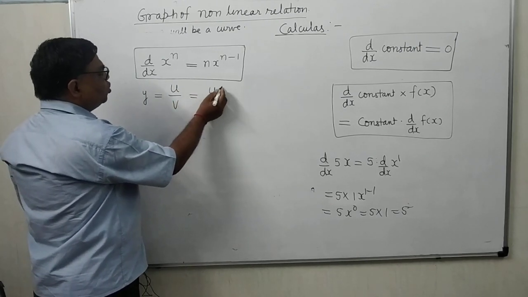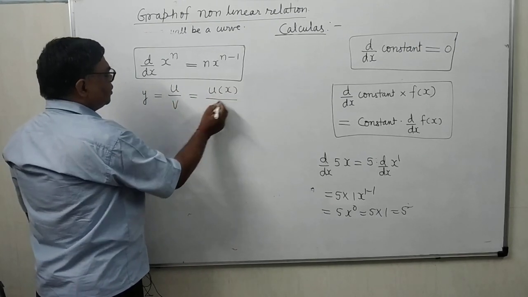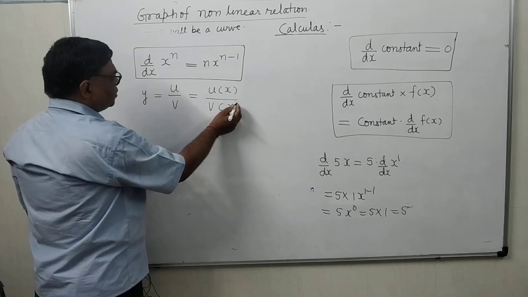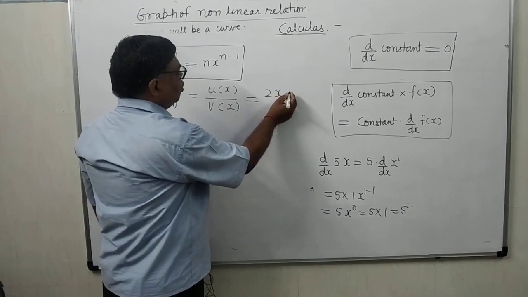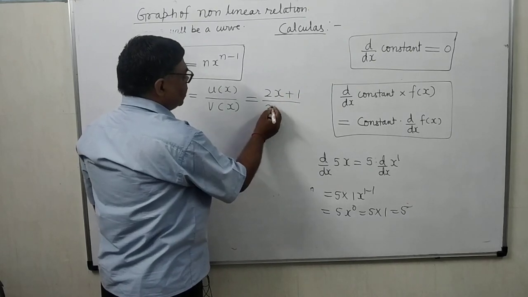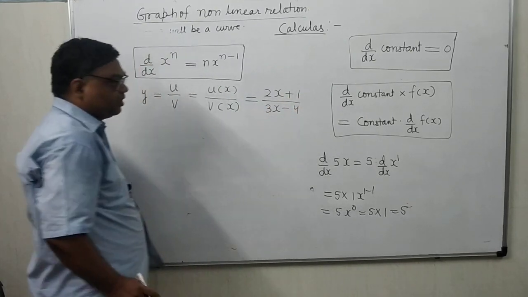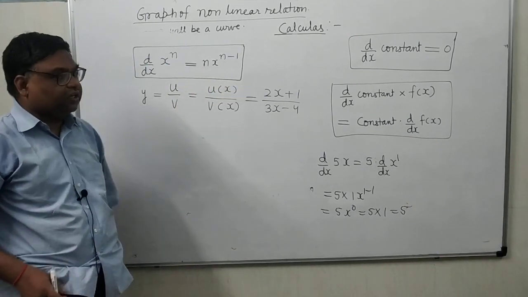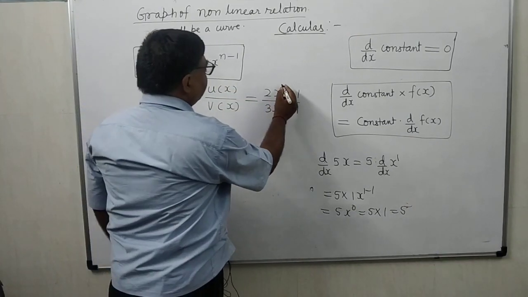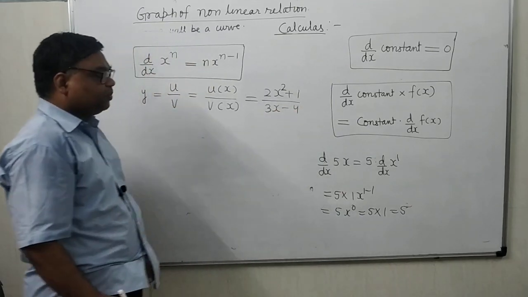Here what is u? U of x, means it is a function of x. This is also some function of x. I am writing one example, 2x plus 1 upon 3x minus 4, like this. It's clear? Or you can take any quadratic here, you can take 2x square plus 1, 3x minus 4.